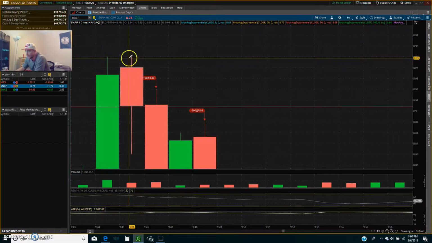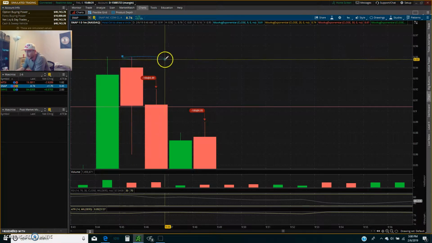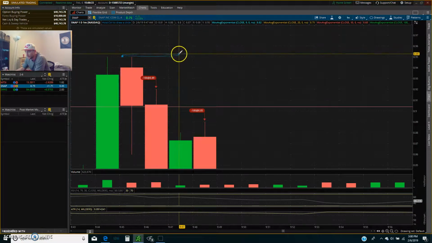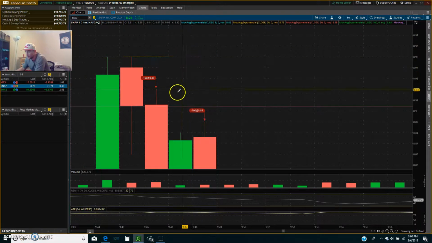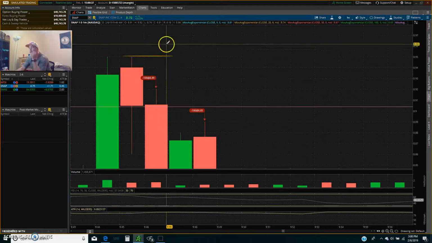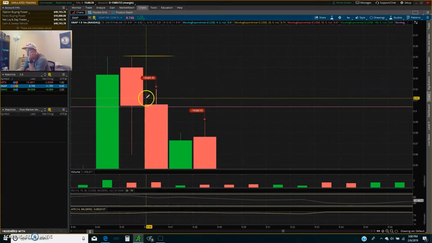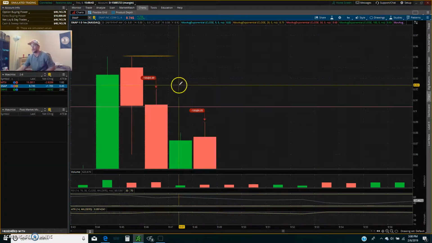That's a 6 cent stop loss, because my stop loss would be right here at this level on that yellow line. So I took 100 shares there, and I should have taken more.